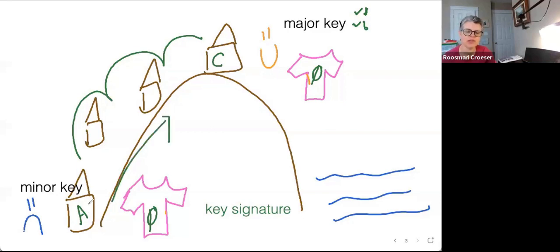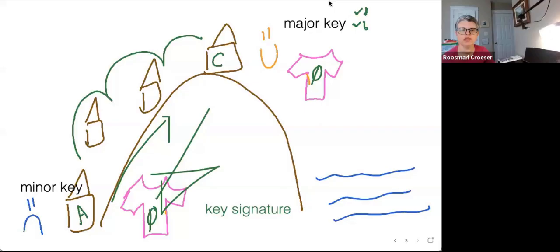If we want to find the minor of the major, we go down the mountain. We go down 1, 2, 3 half steps. Remember, this is not an interval of a third. This is 3 half steps. My best friend. And if we want to find the major of a relative minor, we go up the mountain and we go, my best friend.